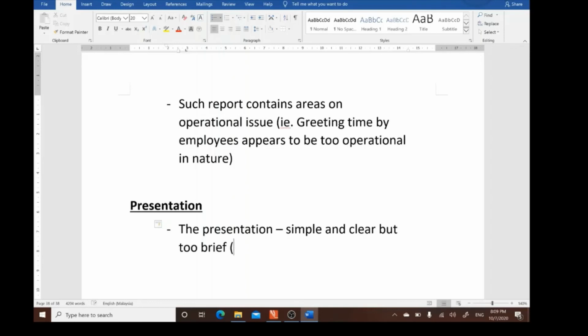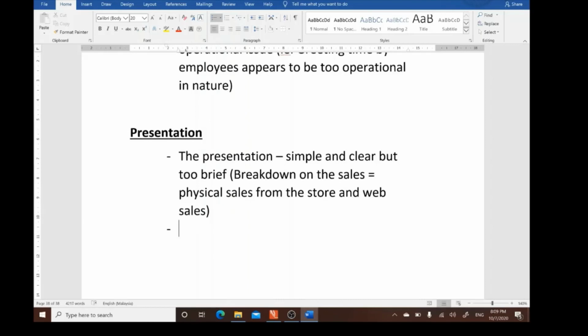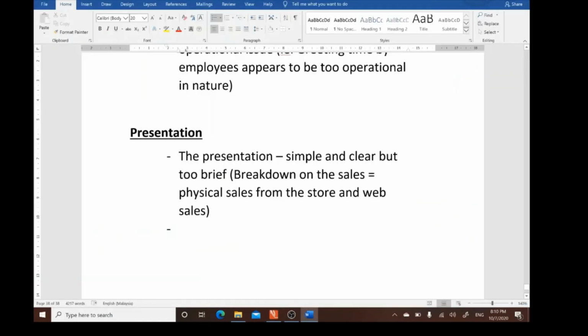As a result, a breakdown of the sales, for example, into physical store sales and web sales figures should be presented. Somehow we know they need more information, but it's too rigid or limited to only the operating profit and the revenue. Now, moving on, the second part.